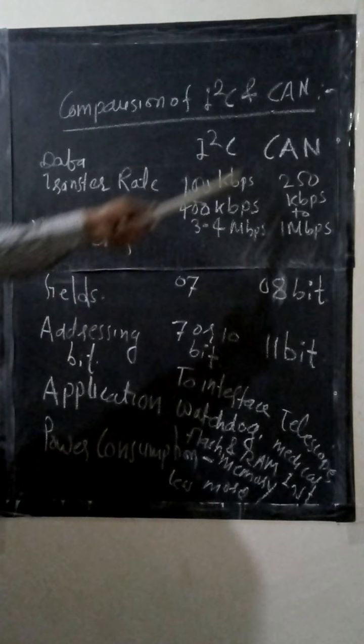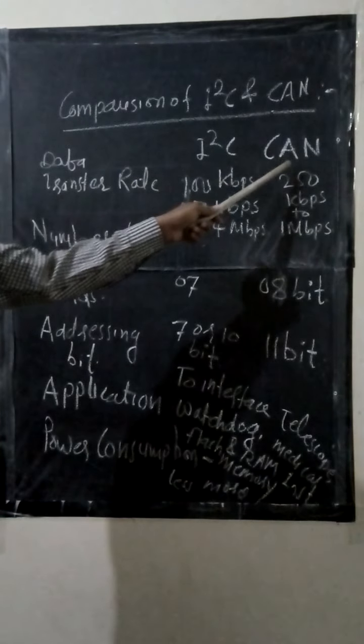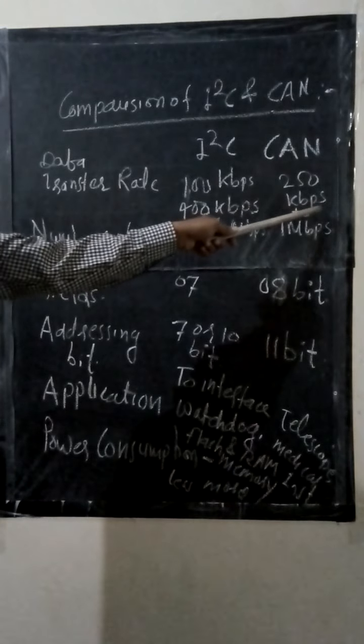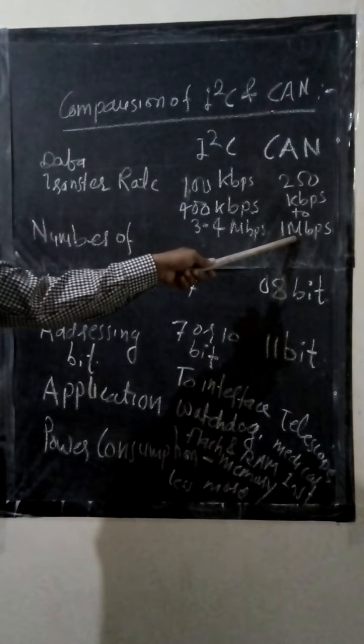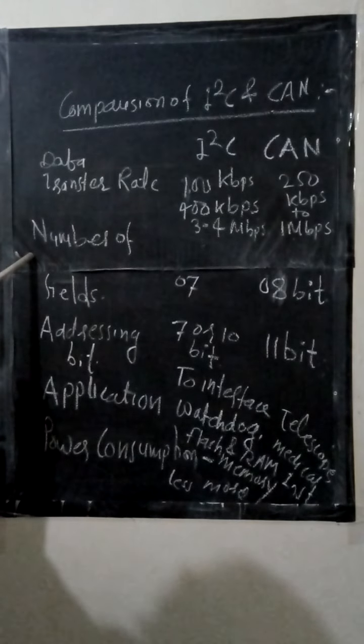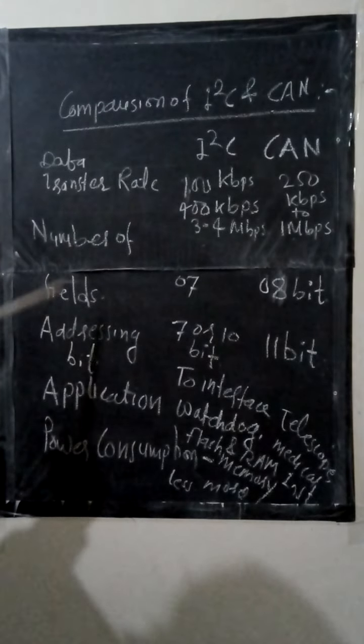And in CAN the transfer speed is from 250 kilobits per second to 1 Mbps.